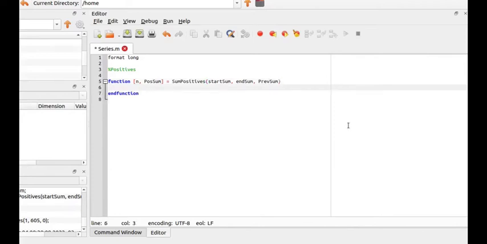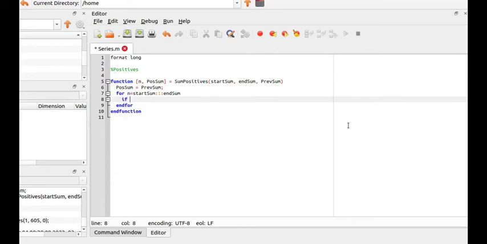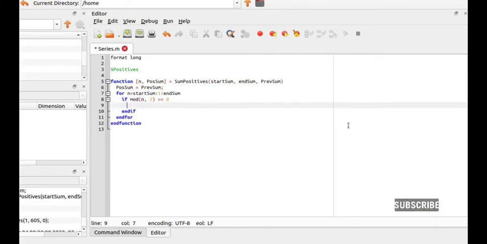We start by setting the positive sum equal to the previous sum. And now we move n from the start sum up to the end sum, moving on each step only one unit. And we check if the modulus between n and 2 is equal to 0, to check if the position of n is odd or even.